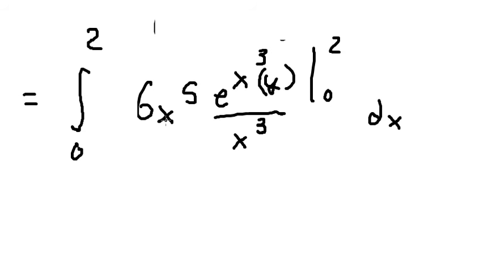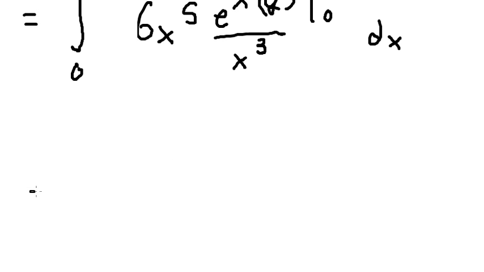So we have e to the power of s to the power of 3 divided by s to the power of 3, and we have 6s squared.